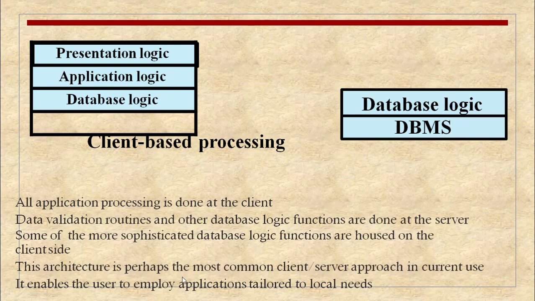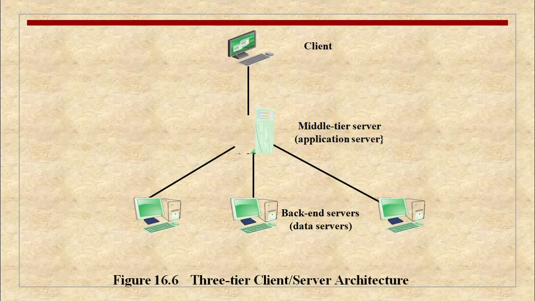This architecture is perhaps the most common client server approach in current use. It enables the user to employ applications tailored to local needs. There is a client, a middle tier server, a back end server, and data servers. So these are all 3-tier client server applications.